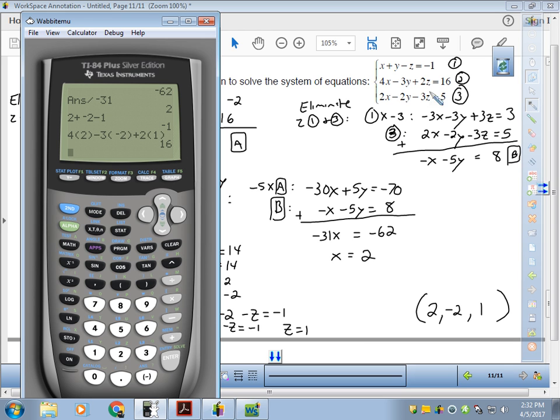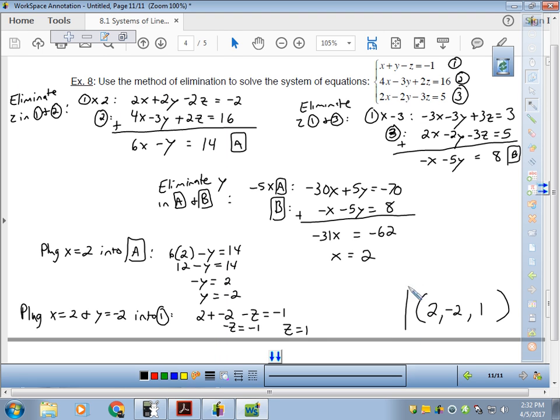That gives me 16, which is what it's supposed to get. And then the last equation, 2 times 2 minus 2 times negative 2 minus 3 times 1. I get 5, and hey, that's what I was supposed to get. So it does work when I plug it into all 3 equations, so I can feel pretty good that that is a solution to this system.